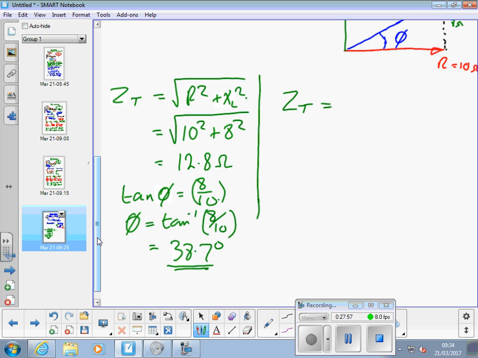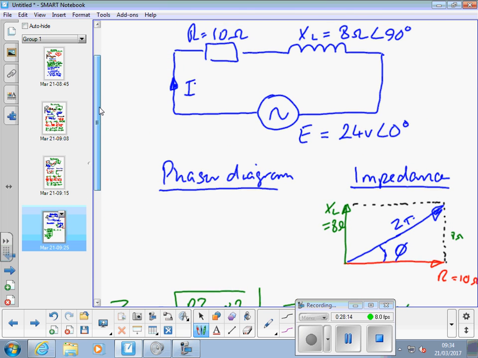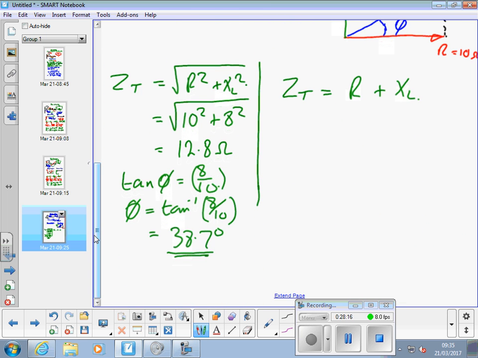It has to be equal to, does it not, R plus XL, because there's two impedances connected in series. Yeah. So how can I write those values differently?